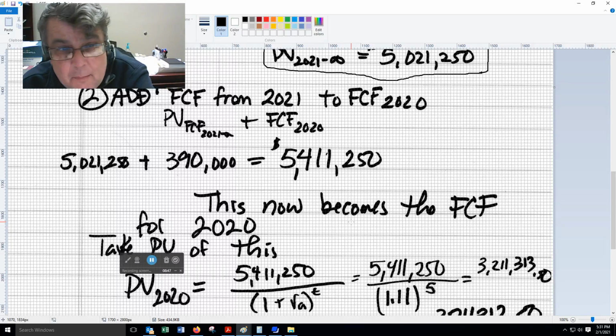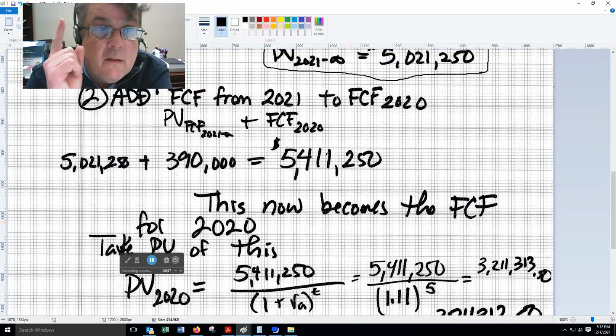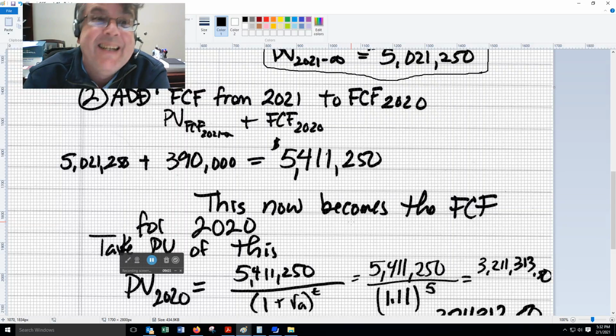And I know this is complicated at first. When you've done a couple of these, you start getting used to it, okay? But what we just calculated in step 1 is the value of the free cash flows from 2021 on into infinity for the year 2020.